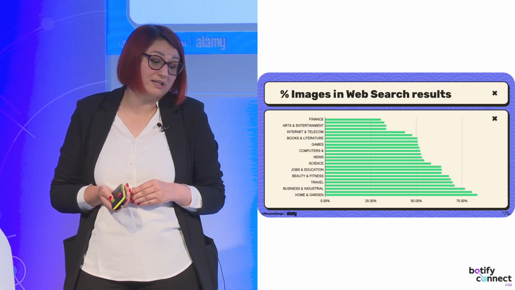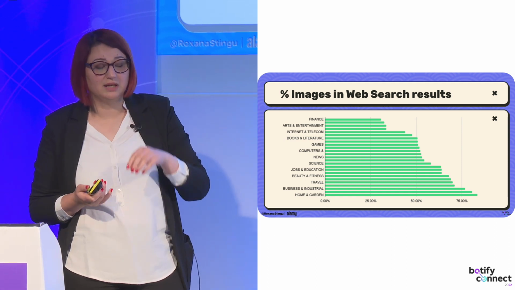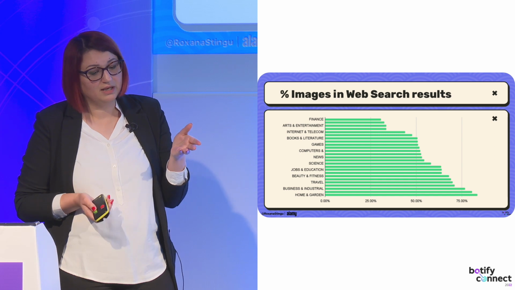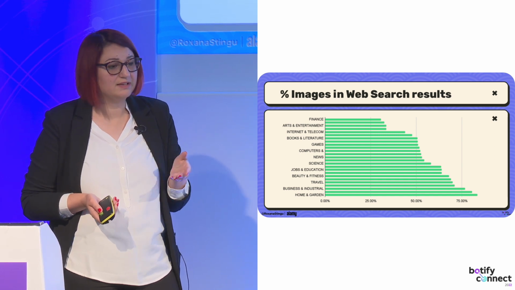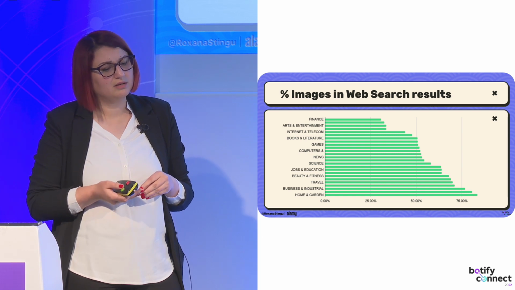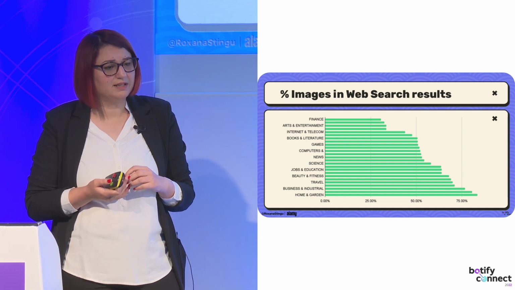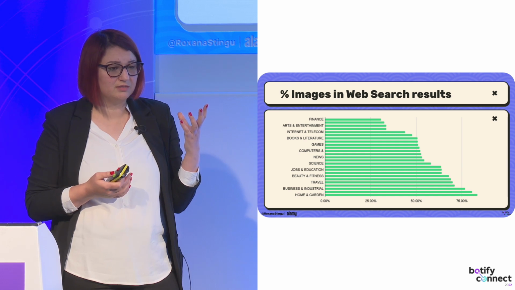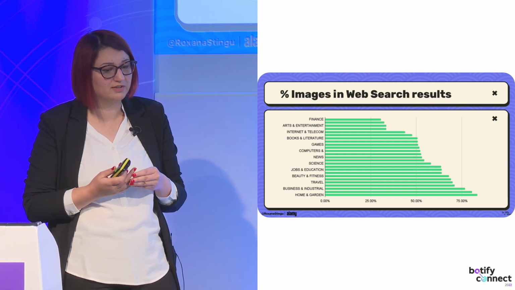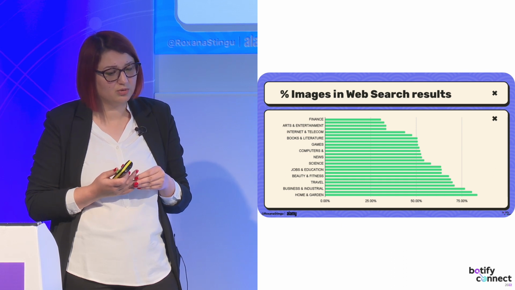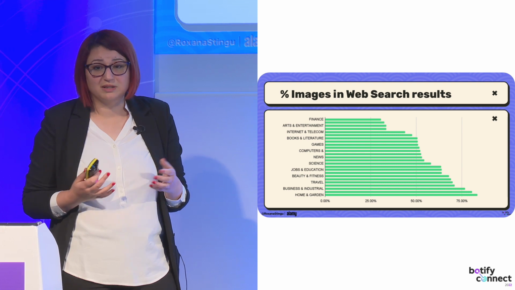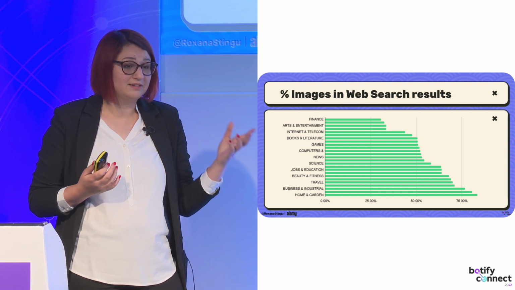To go into a bit more detail and break it down by category, you can see things like beauty and travel show even more, towards 70% of images in the search results. But then, quite surprising, arts and entertainment, which in my head is just a gallery of paintings and art installations, only shows images for 30% of search results. I'm not quite sure why this is happening, but I'm thinking those are less technical sites.